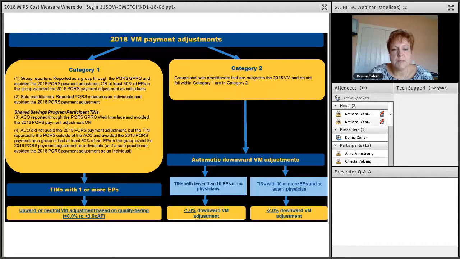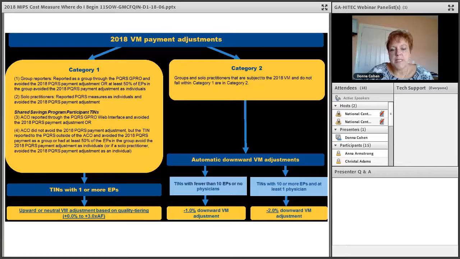times the adjustment factor. Category 2 are those TINs that will have a negative adjustment, and the size of the TIN determines the adjustment. If you have a TIN with fewer than 10 eligible professionals or no physicians, for example, all nurse practitioners, then you would have a negative 1% downward adjustment.